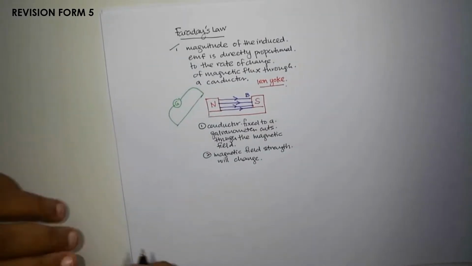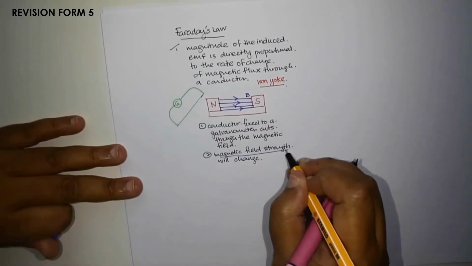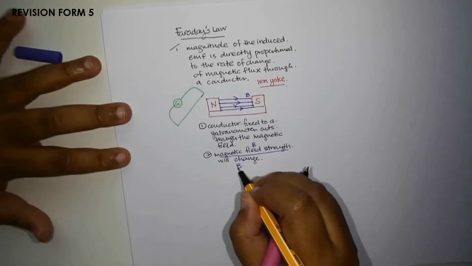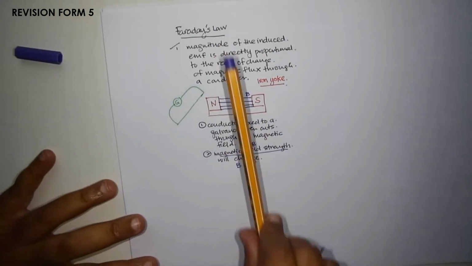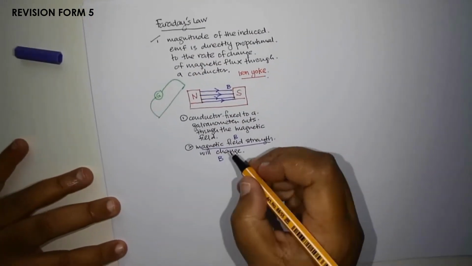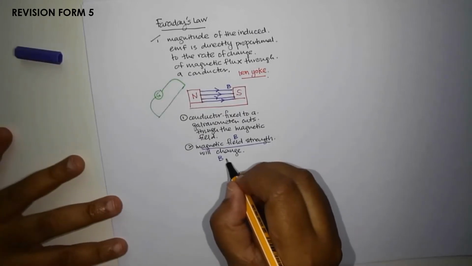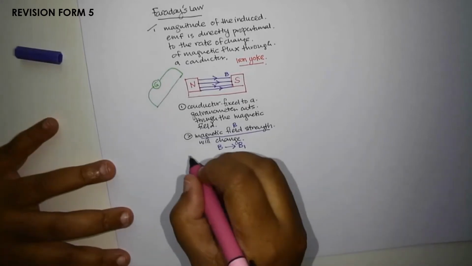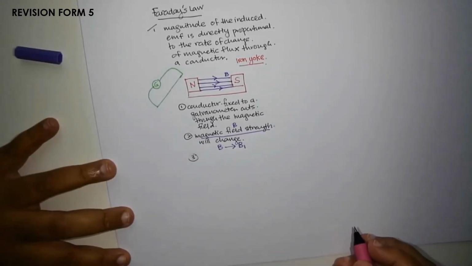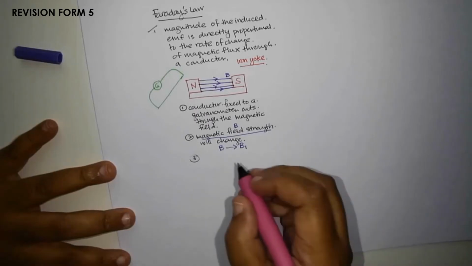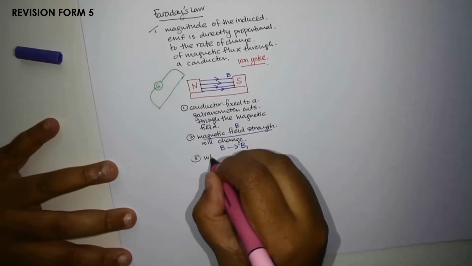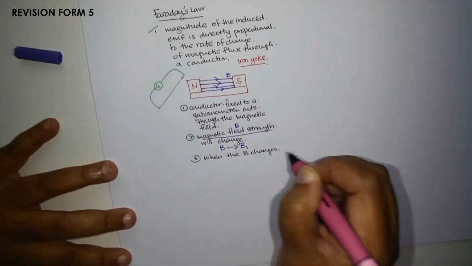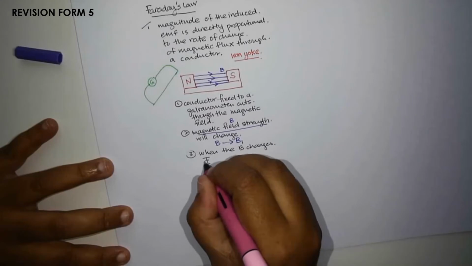When I say magnetic field strength, I'm talking about B. First it was B, so when you cut through, the magnetic field strength will change from B to B1. Number 3, when the magnetic field strength changes, when the B changes, the magnetic flux will change.